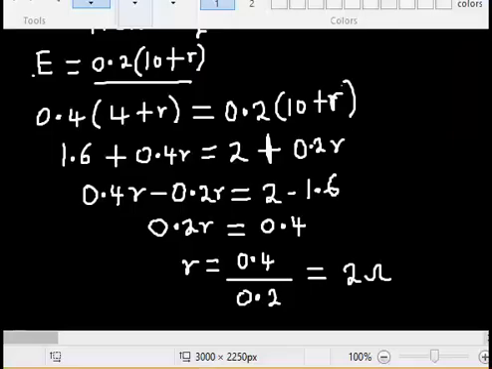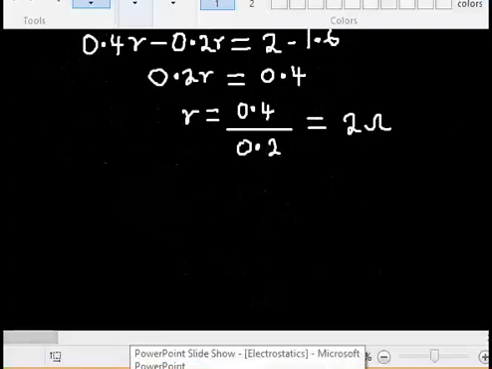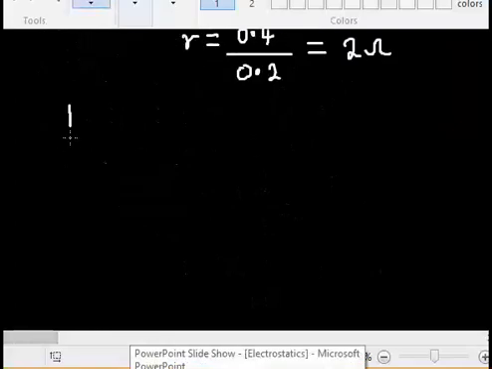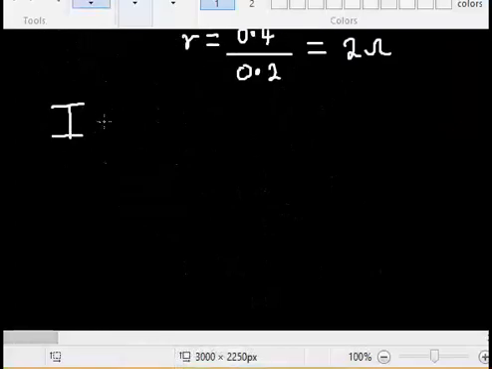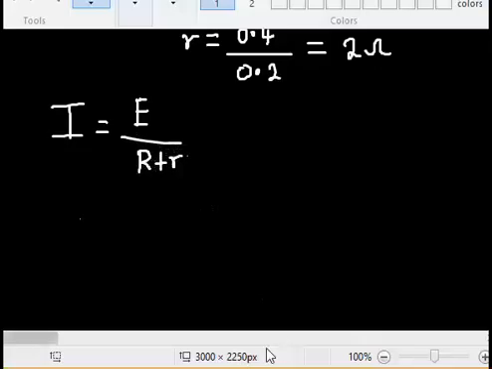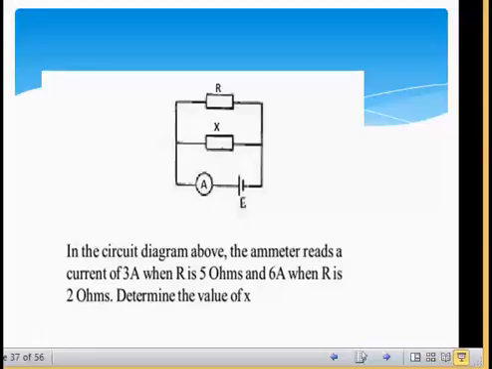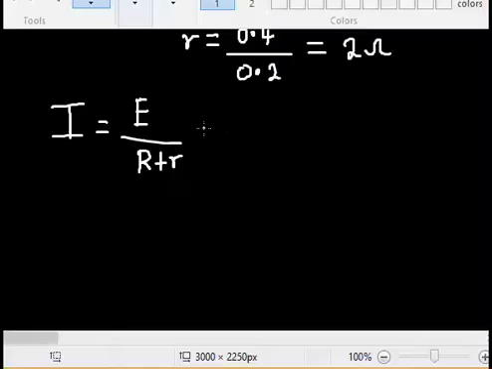This time around, it's still the same formula I'm going to apply. Of course, I is equal to E divided by capital R plus small r. Now capital R, you should take note, there's no internal resistance.